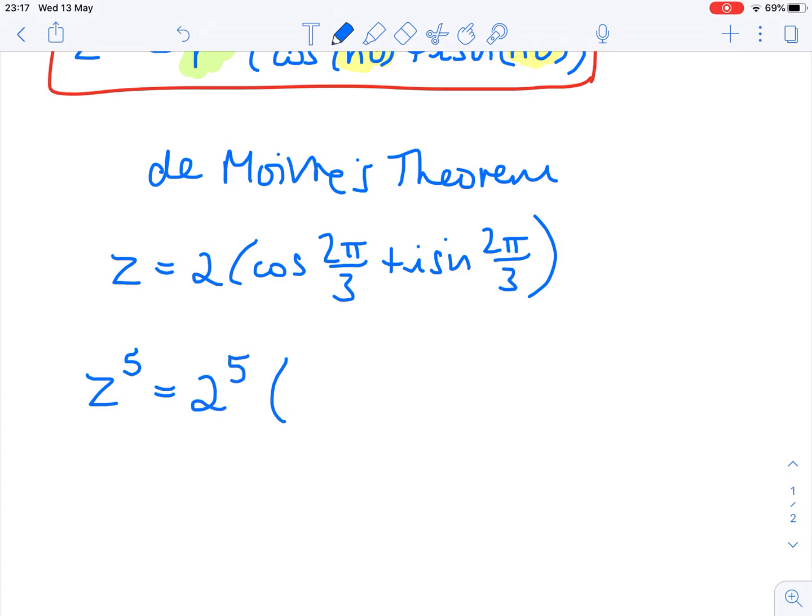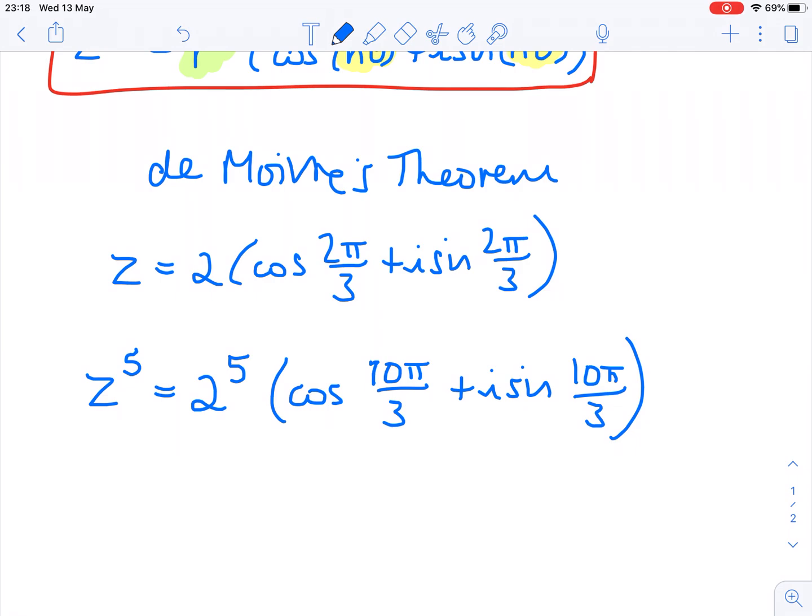And I need to take the argument of the original complex number z and multiply that by 5. So I'm going to get 2 to the 5 lots of cos. New argument is 2 pi over 3 times 5, which gives me 10 pi over 3, plus i sine, obviously the same argument here, 10 pi over 3.